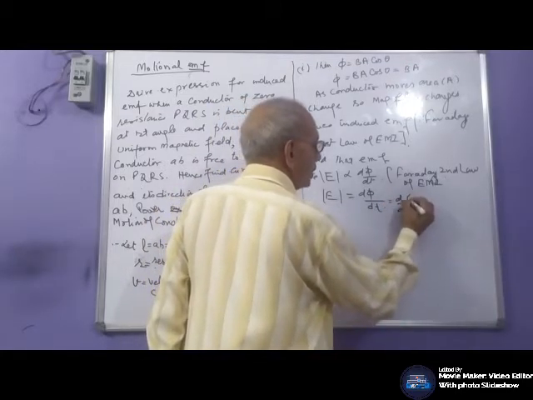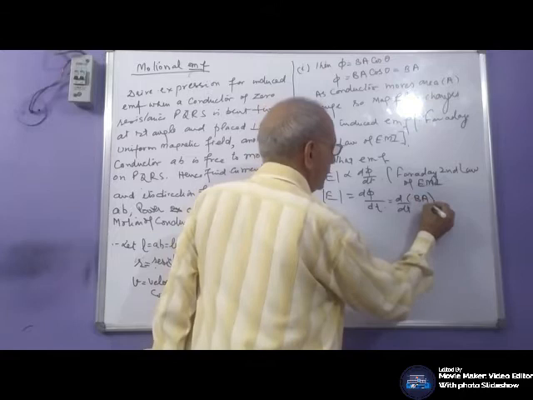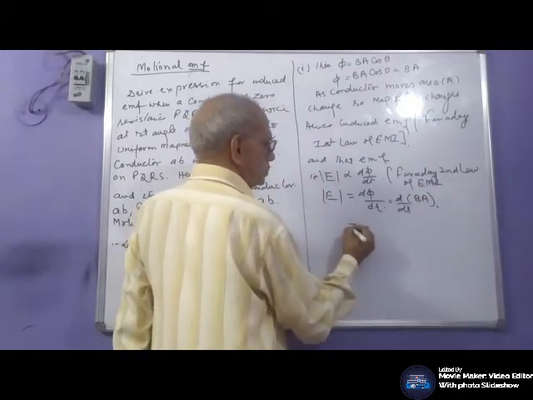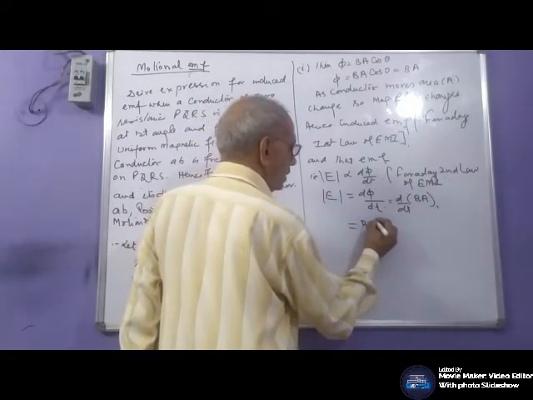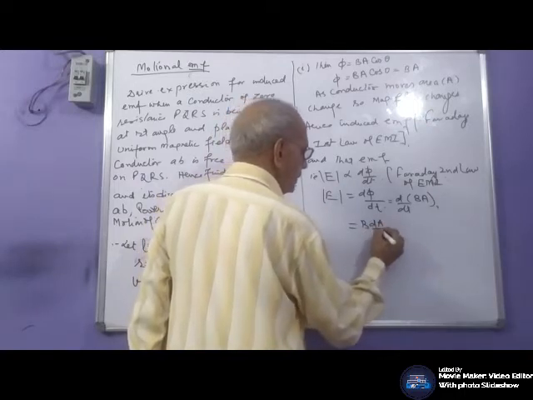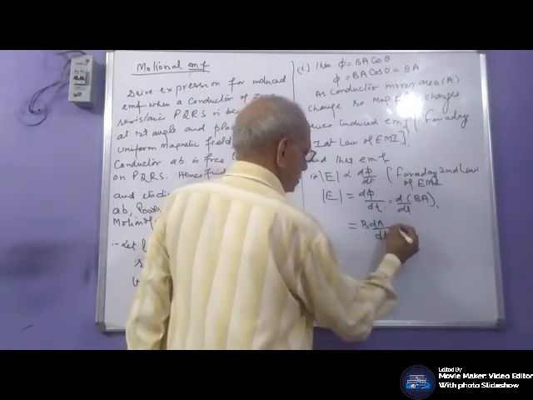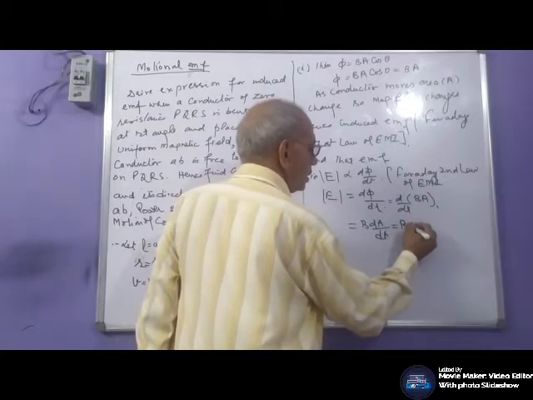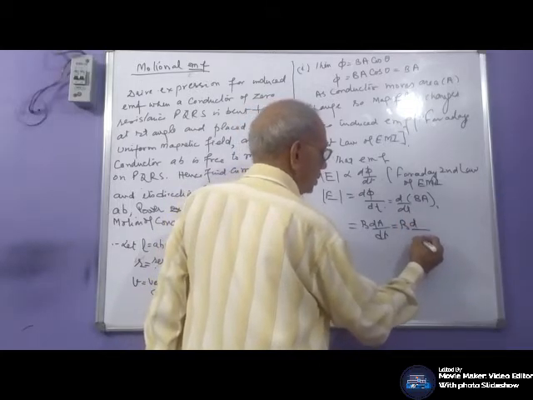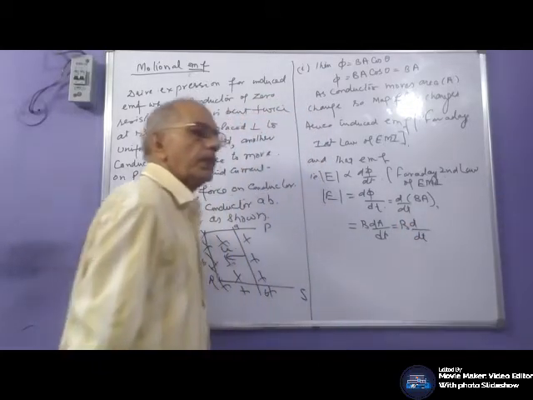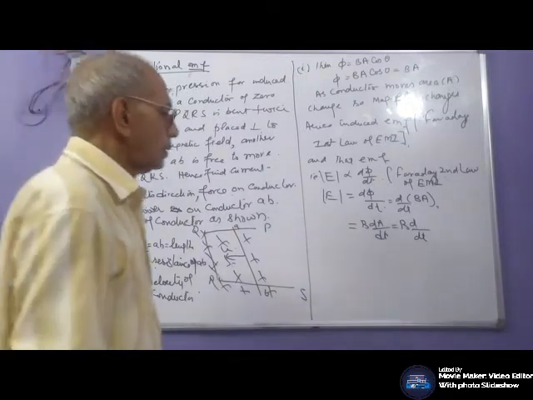d phi by dt, phi is BA, B outside, dA by dt, B d area.